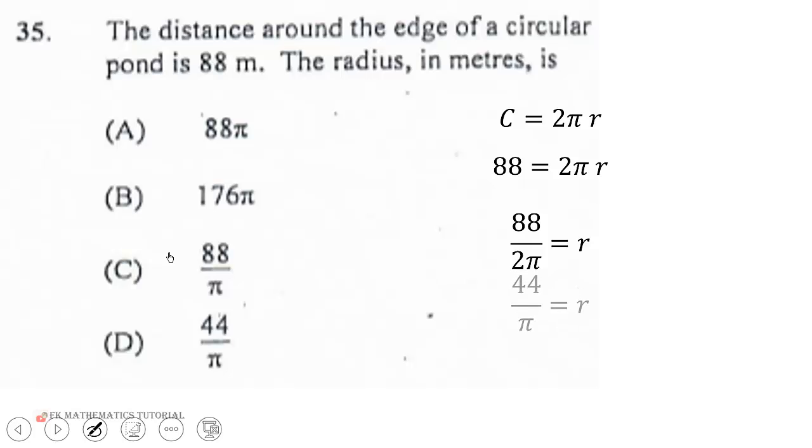When we simplify this, we get 44 over pi. So the correct answer is option D. Be careful about this. Note that that was not simplified. In some other questions, they leave the answer like this. So be careful of that trick. Don't rush to pick the wrong answer.